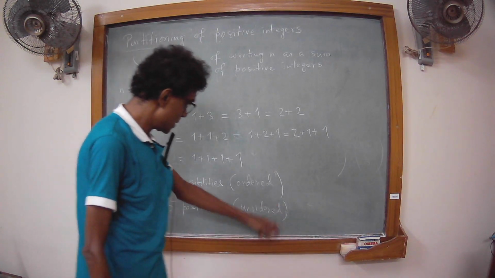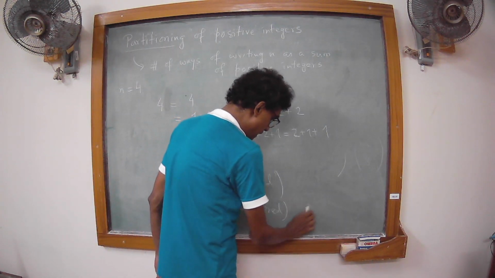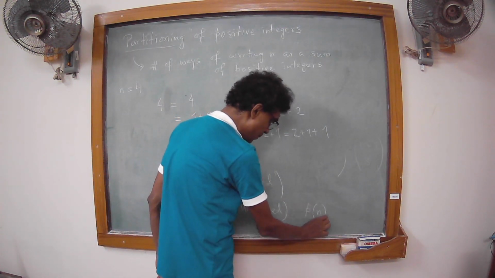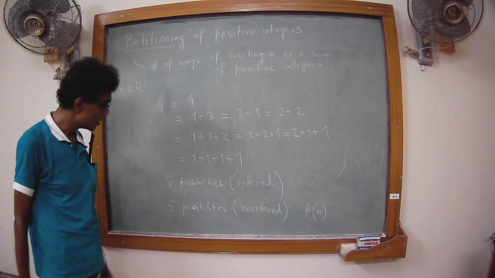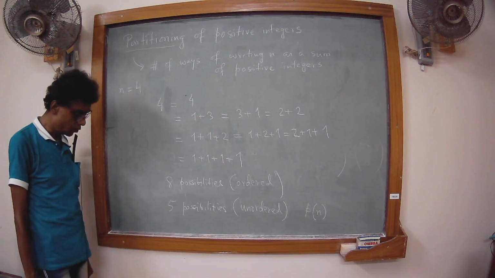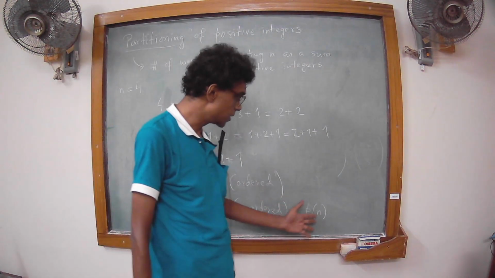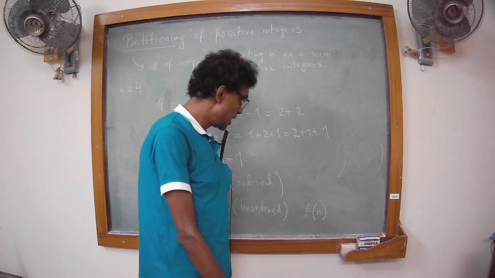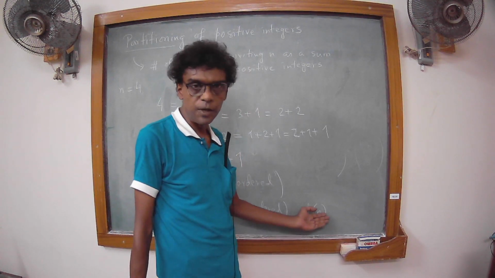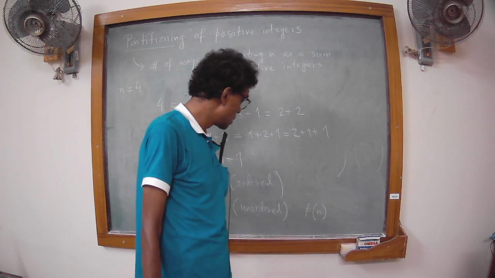This quantity for a general n is denoted by P of n. It's actually difficult to arrive at closed form formulas for P of n. In fact, no closed form formula of P of n is known.